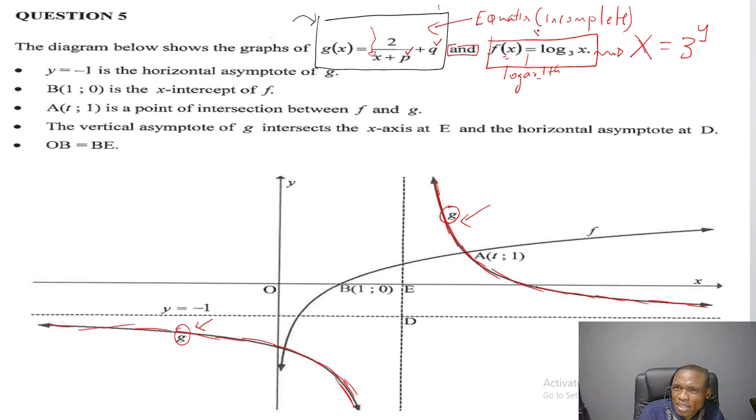So this one and this one are the same thing. I wish you understand here. The logarithm function f of x equals log x base 3 can be written in exponential form. It's the same expression, but we write it differently.